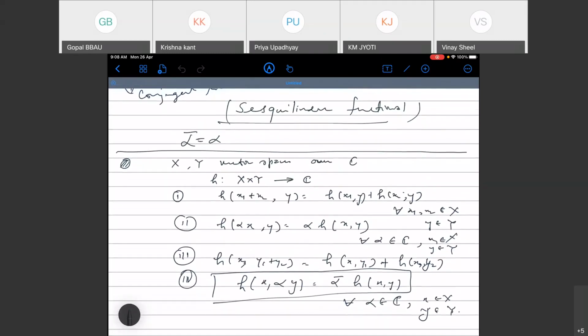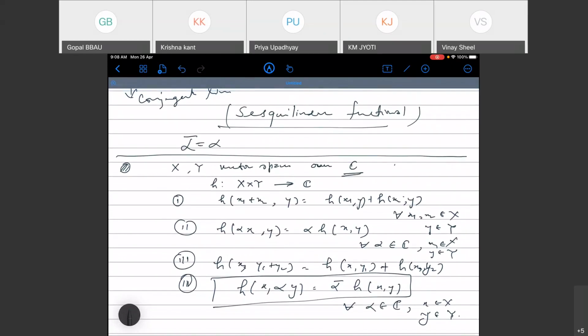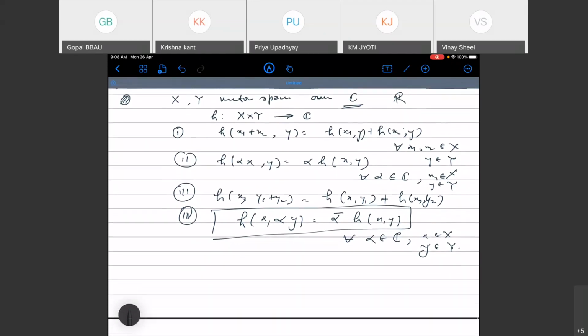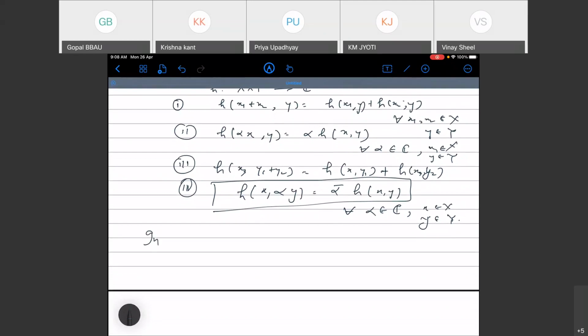When we take, instead of C, the field R, you see in R, for any alpha, alpha bar equals alpha. So when we are in real vector spaces, the last property says h(x, alpha y) equals alpha h(x, y).